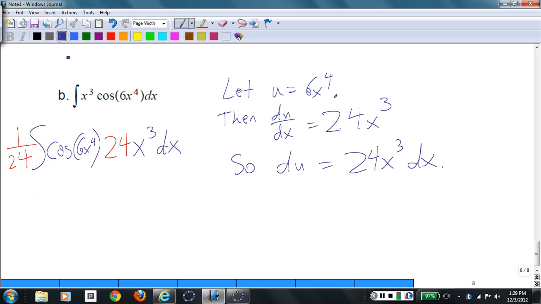So it's going to be 1/24 times the integral of the cosine of u du. Santa would totally put me on his naughty list if I tried to put a 1 over 24x out in front of the integral there. So antiderivative for cosine u.